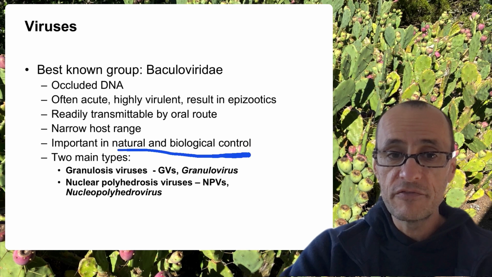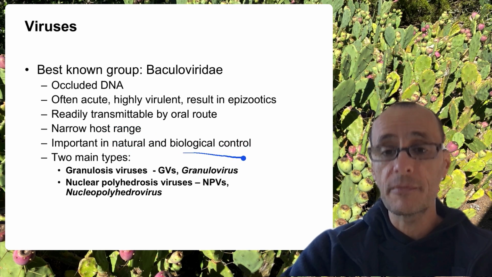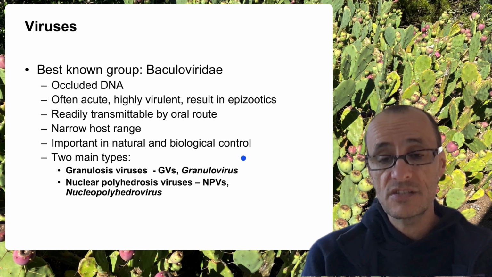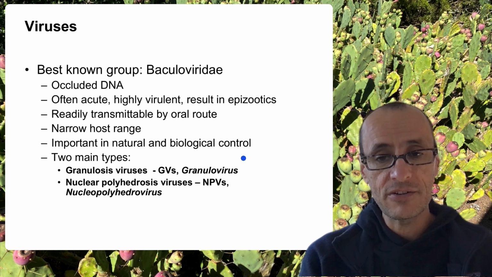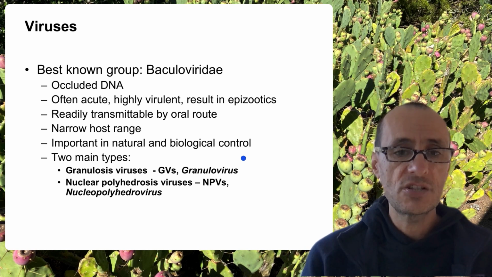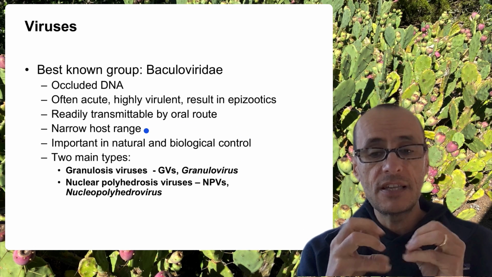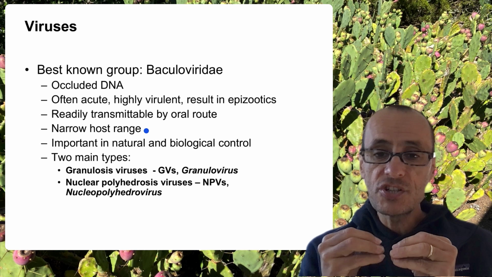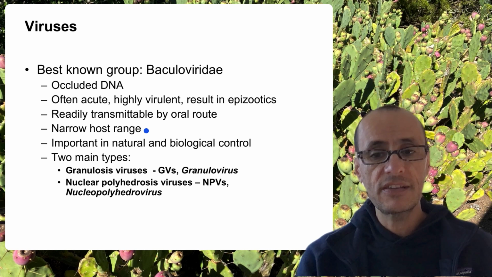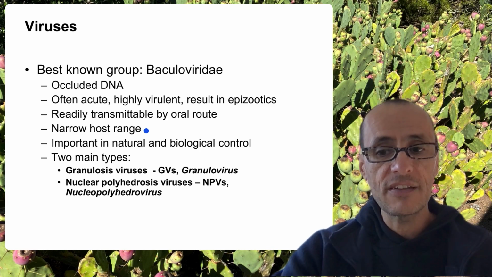And they are very common in both natural systems, but also in augmentation biocontrol systems, because it's easy to rear these viruses in the hosts of caterpillars in a laboratory situation. And because they are very tied to the cellular biology of their particular host, they have a very narrow host range. So these aren't the kind of viruses that could infect people or mammals or plants or anything like that.